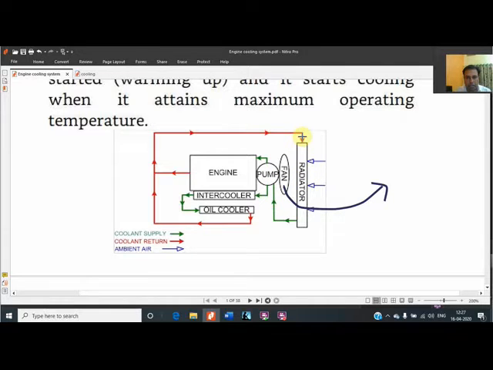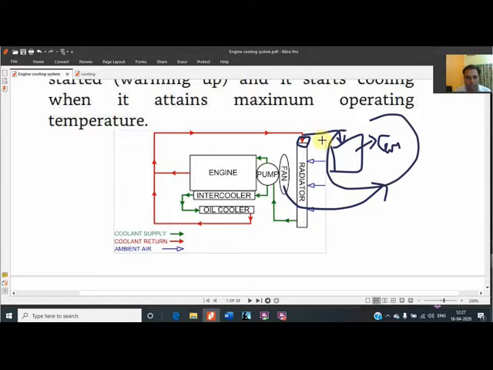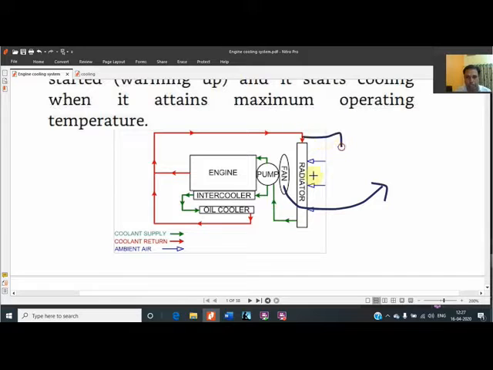A certain part goes to the radiator, and a certain part goes for the heater also. If the heater facility is there in the car, then we can have free of cost heating of the car interior by bypass, but they haven't shown this bypass system over here.